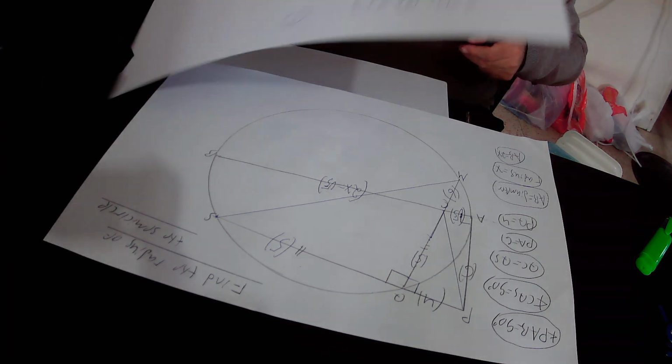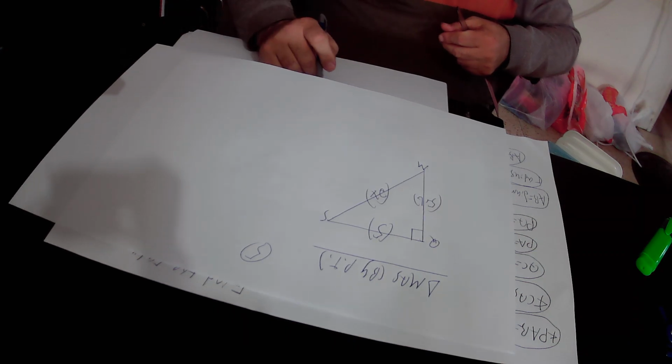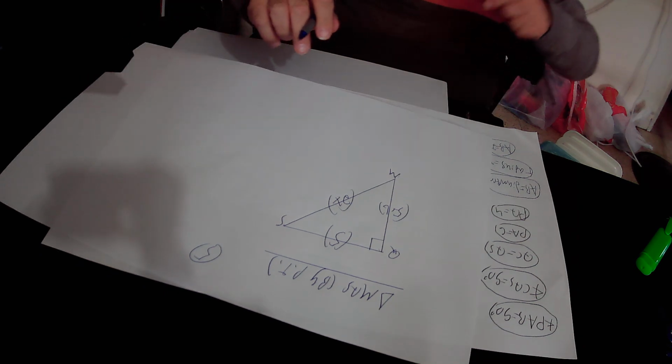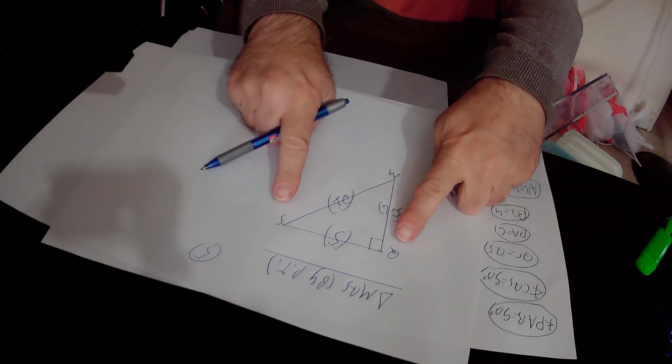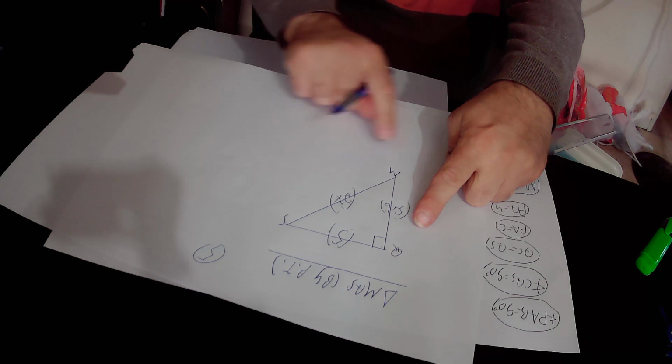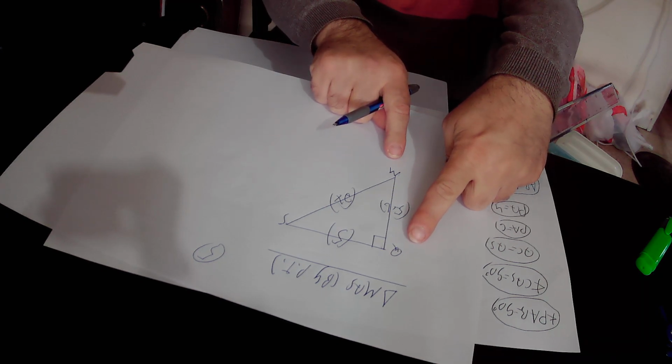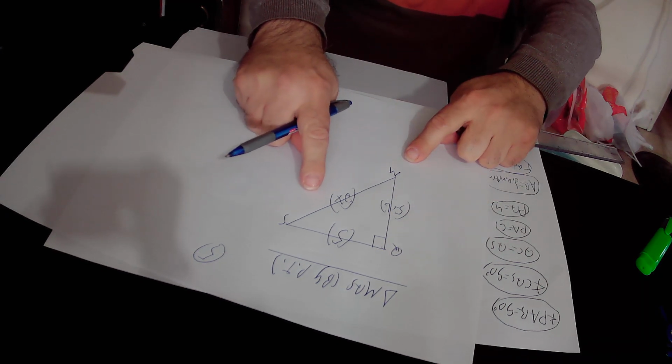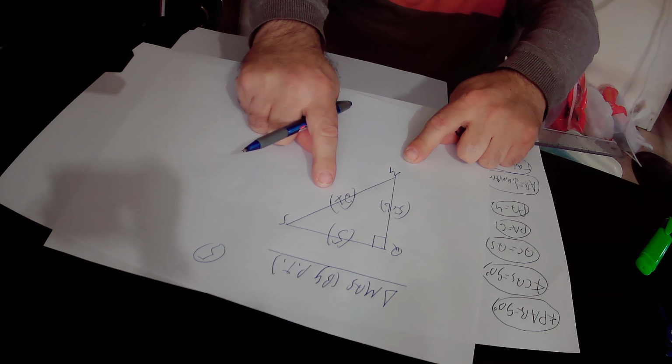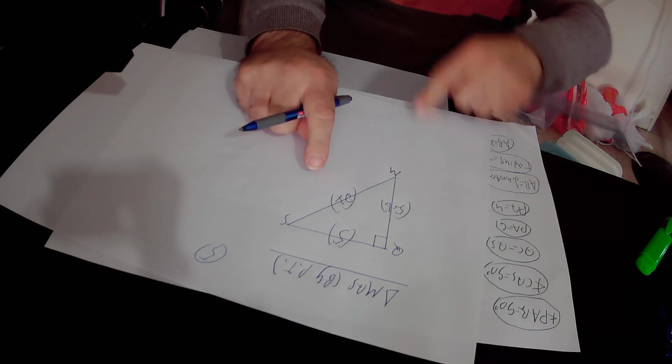This is the right triangle QMS that I copied from the original drawing. Side QS equals 5, side QM equals 5 plus B, and the hypotenuse MS equals 2x, which is also the diameter of the circle.